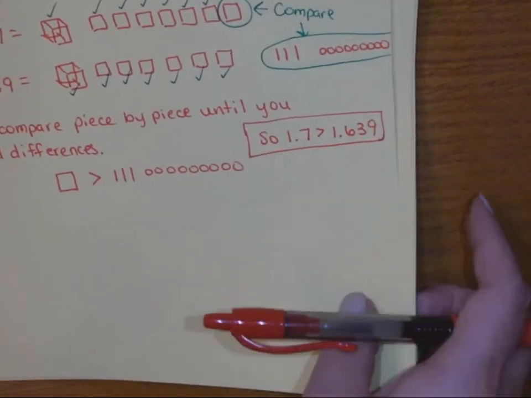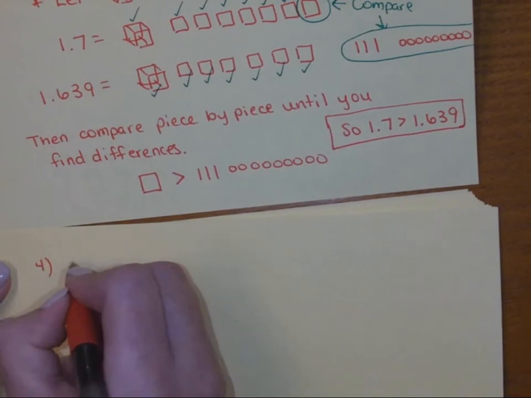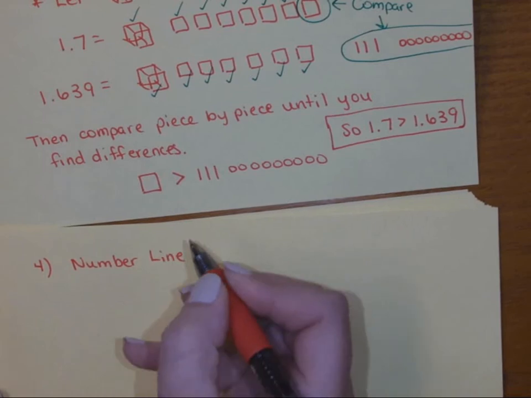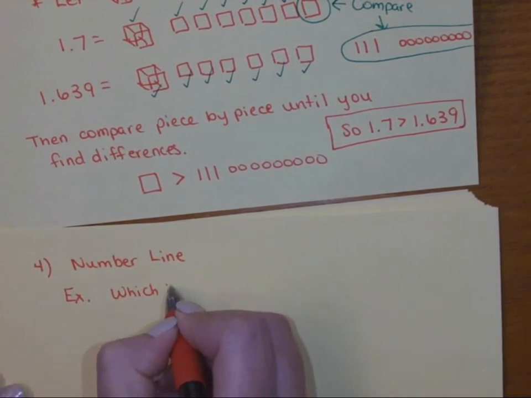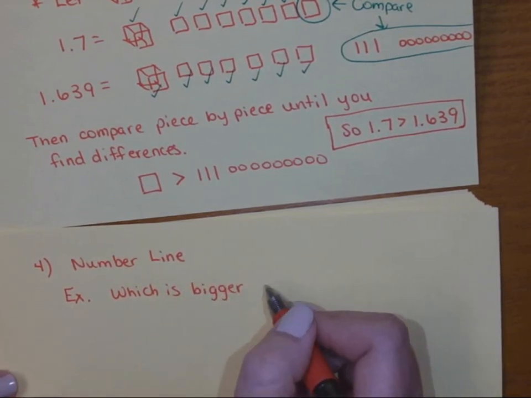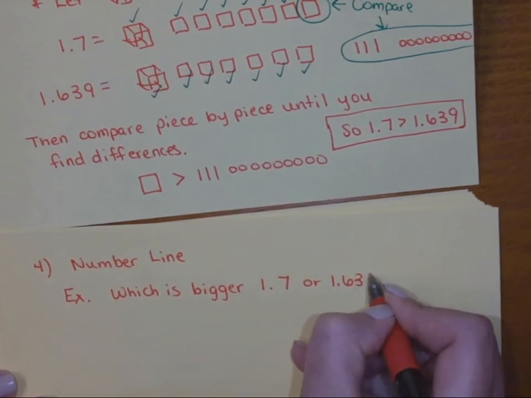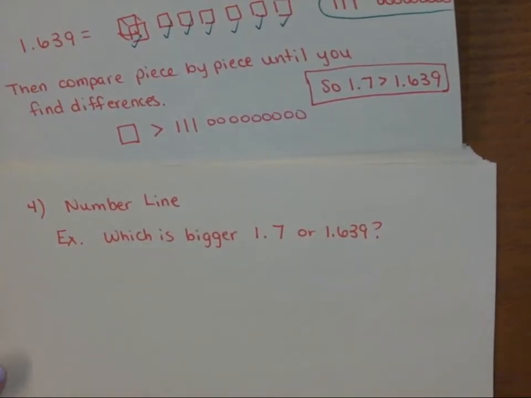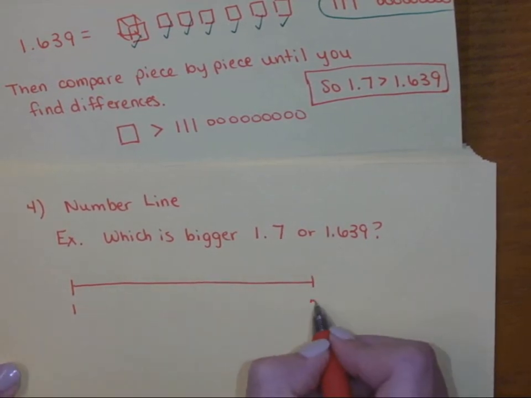So the last way, and again, kind of like the base 10 blocks, you probably wouldn't use this method unless you had more manageable, smaller decimals. Okay, so let's say I asked you which is bigger. And let's just stick with the 1.7 or the 1.639. This will be a good practice of knowing our decimals. So both of these numbers are in between 1 and 2.